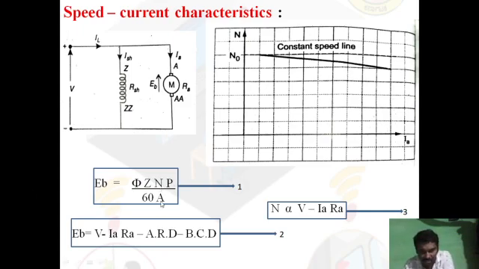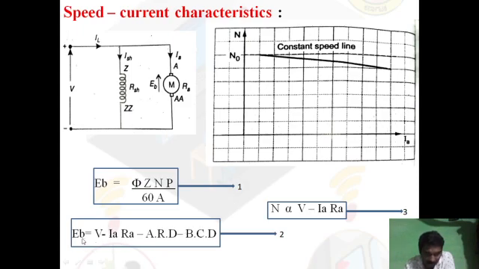If you observe equation 1, the speed is the parameter for the discussion. Z, phi, P, A are all constants, so we neglect them. Therefore EB is directly proportional to N. The armature reaction drop and brush contact drop are very small and do not vary with load, therefore we have taken them as constant.